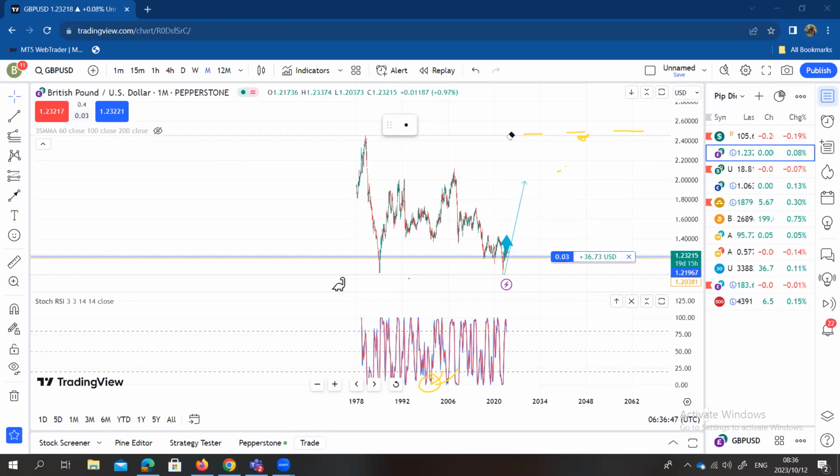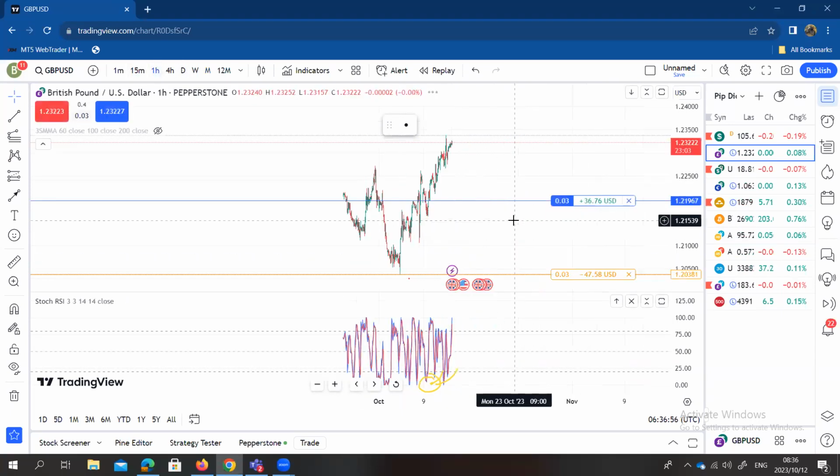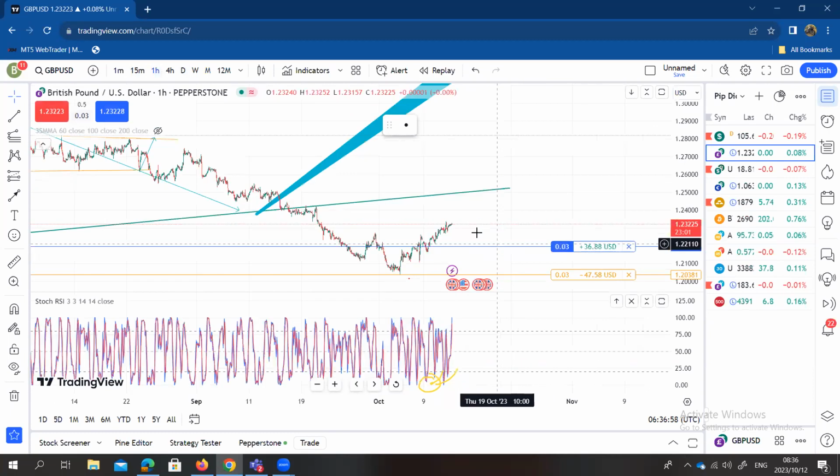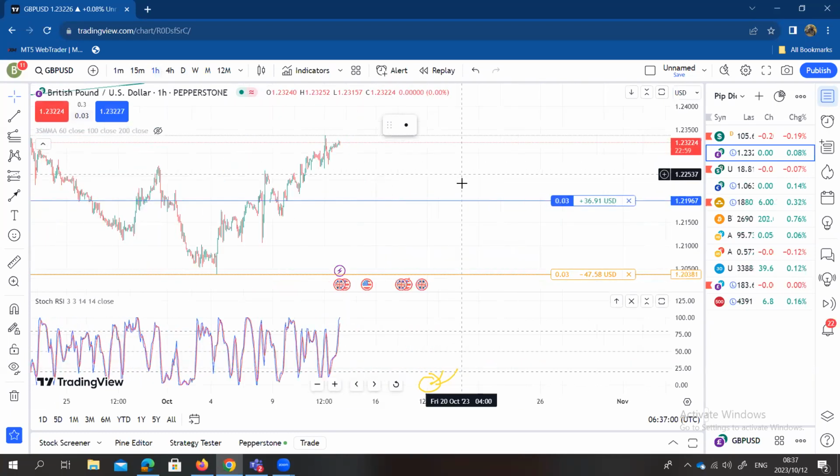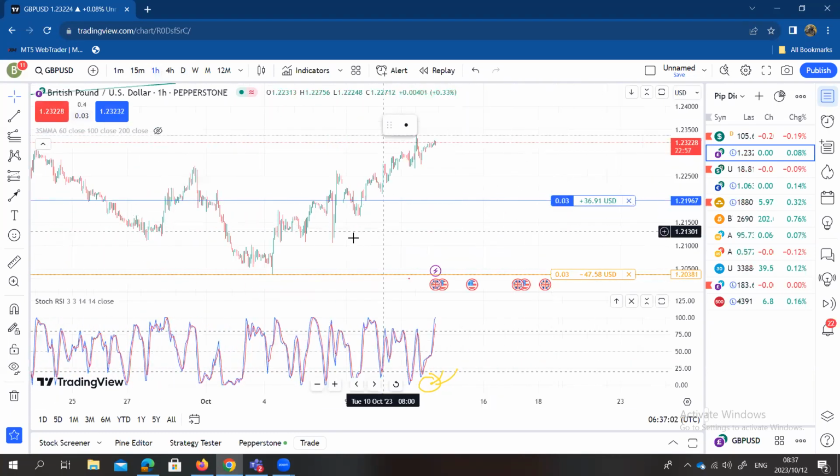So for day traders, it's a little bit tricky, but for long-term traders like myself, since this move here has already taken off, if you miss this trade from around these levels, I would advise that first we wait. This appears to be some sort of correction.